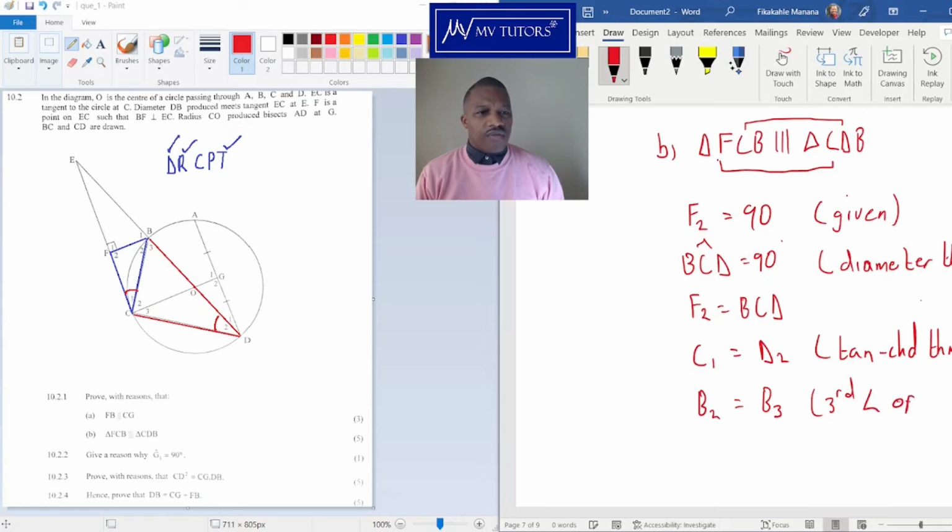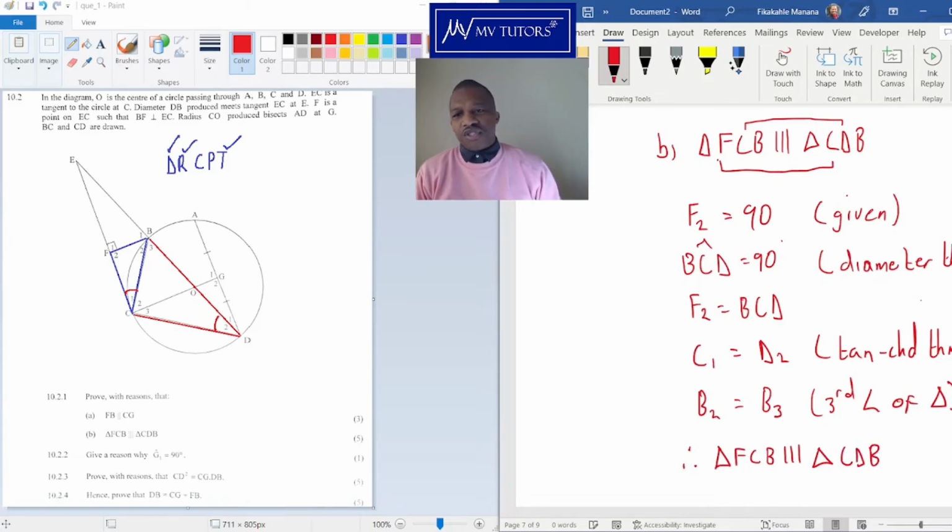So therefore we can conclude then that triangle FCB is similar to triangle CDB, just like that. Okay, and then let's go to the next question.